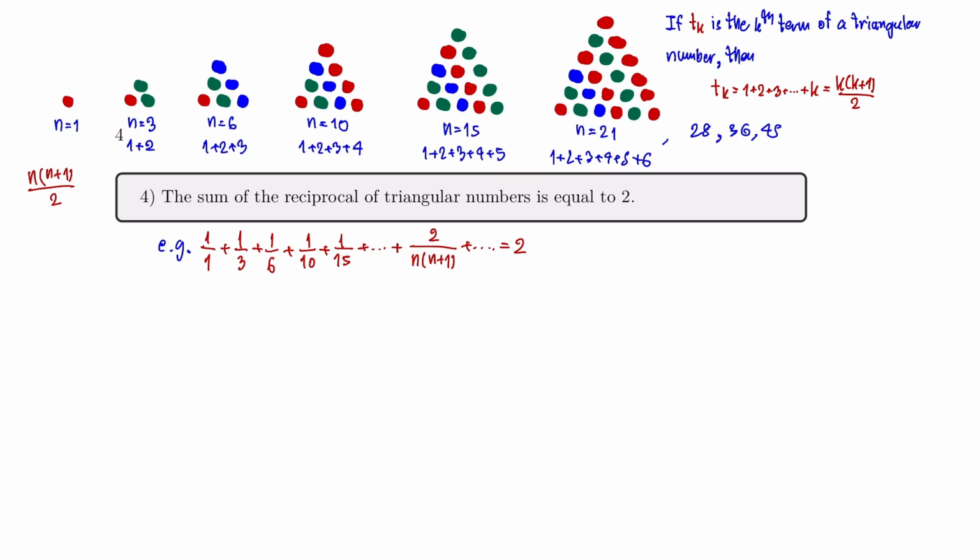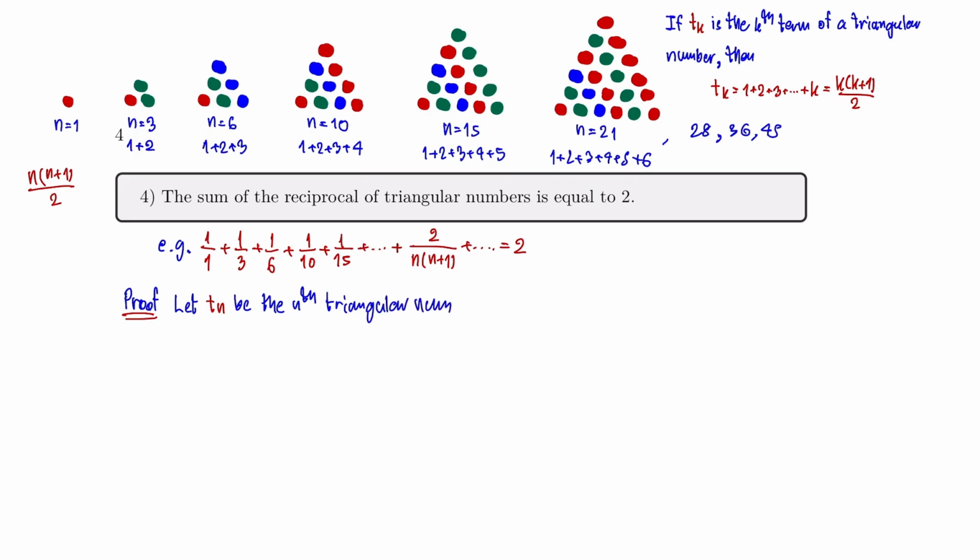Now let's show that this summation is 2. So I want to let Tn be the n triangular number.